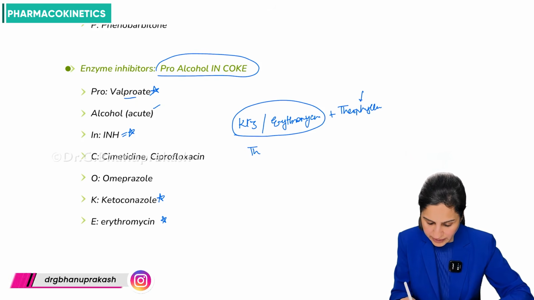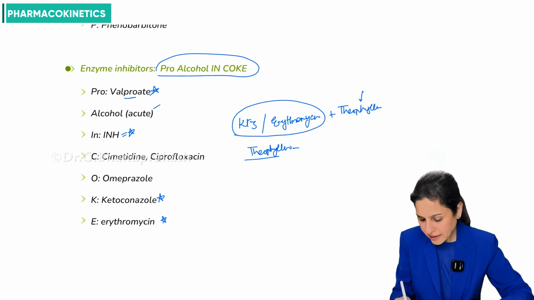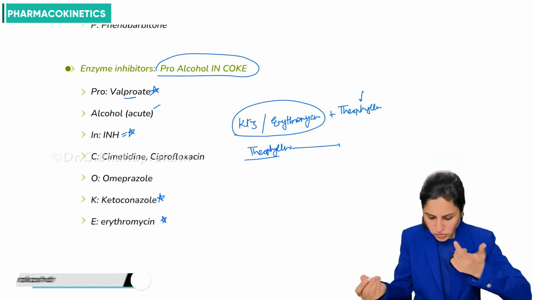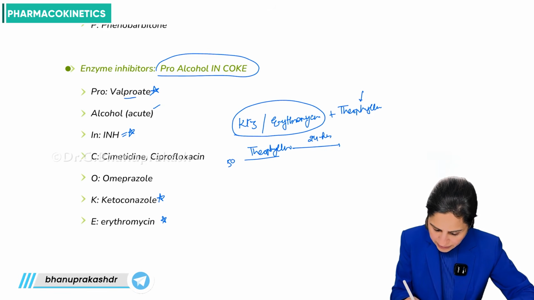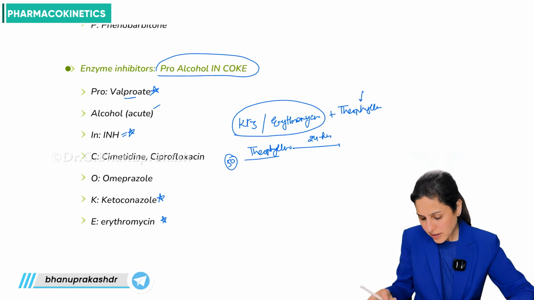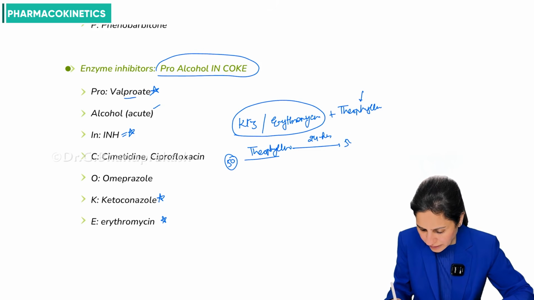So theophylline, for example, again, I'll take a hypothetical: it was getting metabolized in about 24 hours. So let's say I was giving 50 milligrams of theophylline, and after 24 hours, again because it gets metabolized, I will repeat 50 milligrams of theophylline.